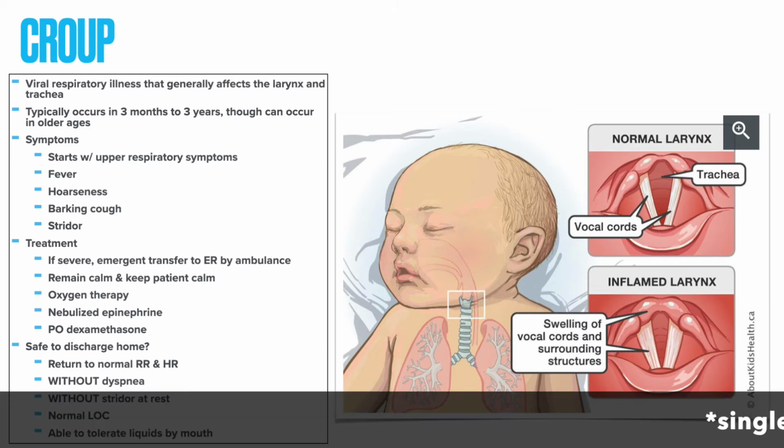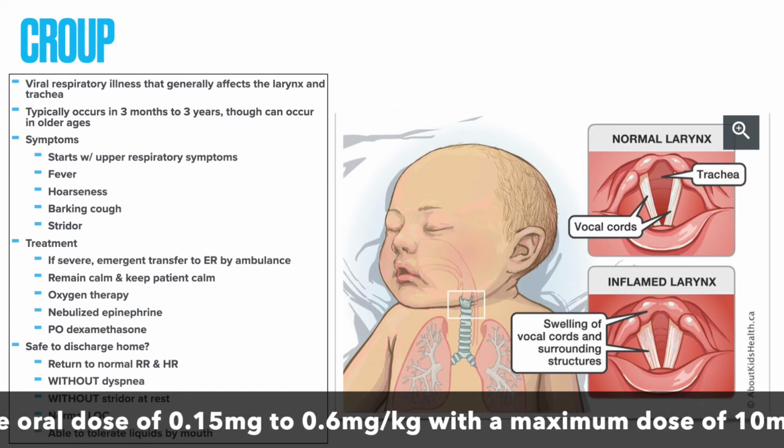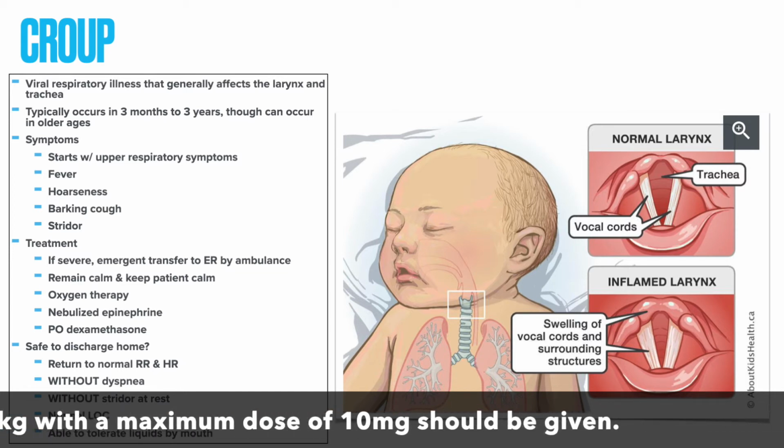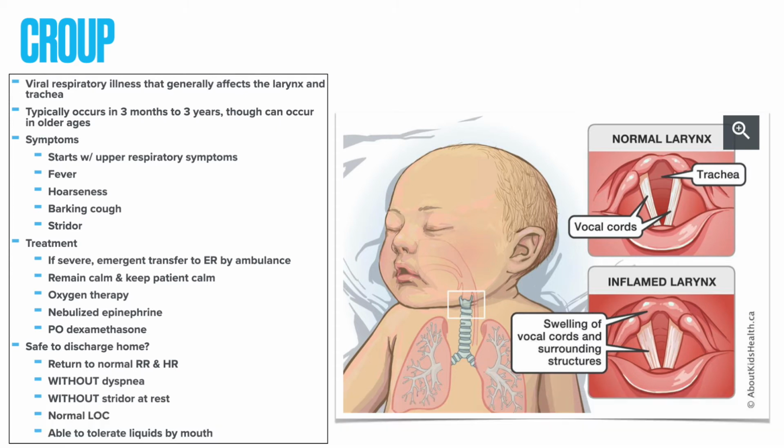And again, it's a single oral dose of 0.15 milligrams to 0.6 milligrams per kilogram with a maximum dose of 10 milligrams. And then another option includes a single dose of prednisolone at 1 milligram per kilogram.